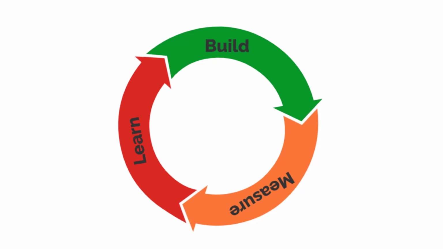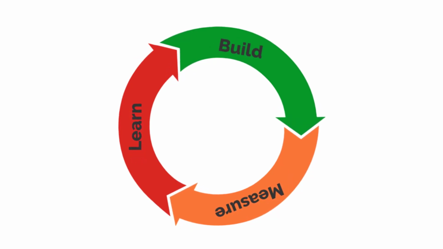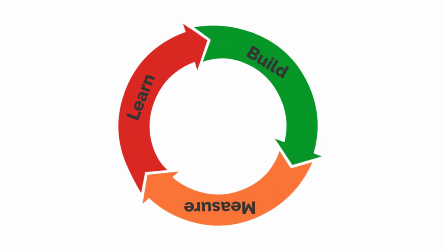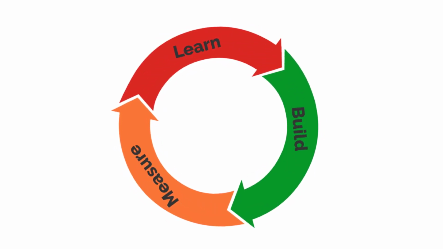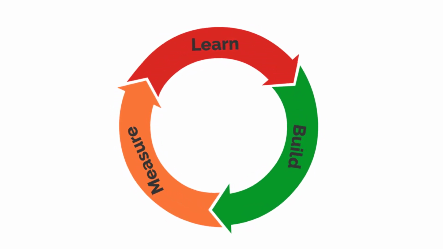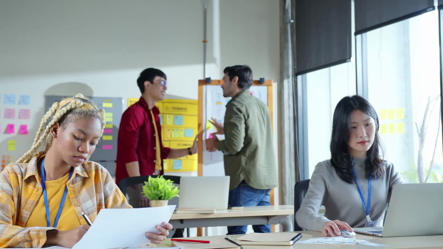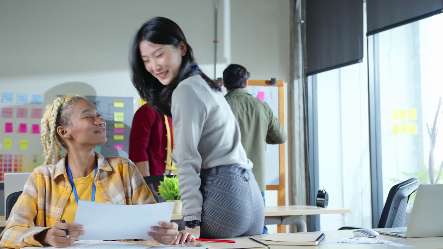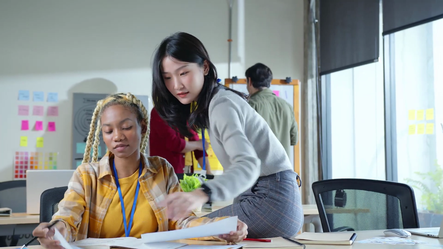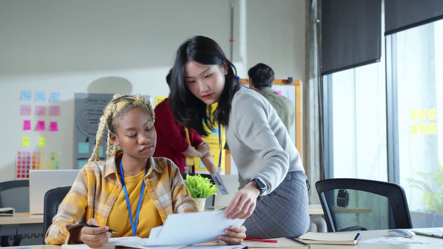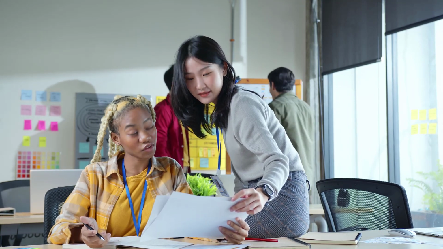So this is an iterative process in which you'll build multiple prototypes, measure lots of user feedback, and use what you learn from those tests to persevere with your initial idea or pivot to something different. It seems like a lot of work, and it is, but by focusing on low-fidelity prototypes early on in the process, you can run through loops quickly and cheaply, making it well worth the time and effort.